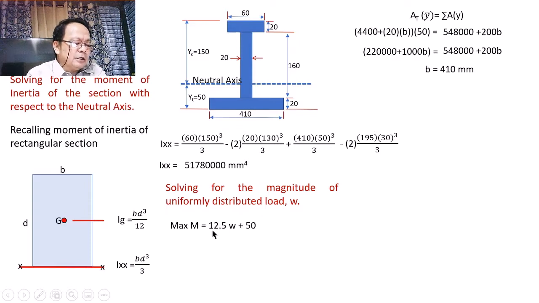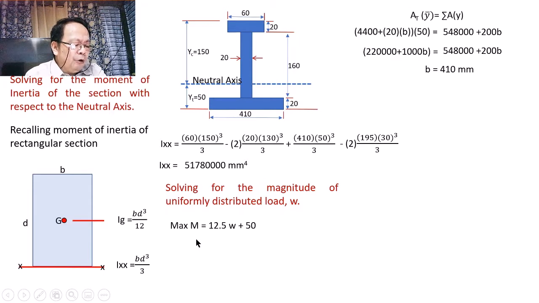Okay, so let us recall, yung maximum moment kanina na-compute natin at 12.5 W plus 50. Take note that the unit of this is kilonewton meter. This one is in millimeter. So, kinakailangan maging alerto tayo on the conversion because we cannot simplify the equation if we have different units. So, we'll have to convert one unit into another.